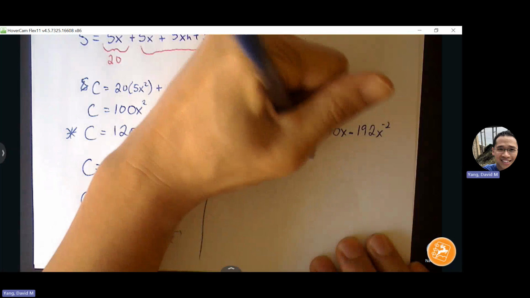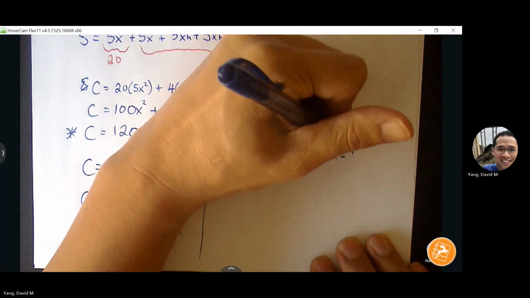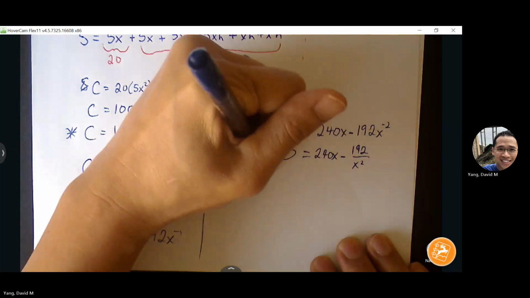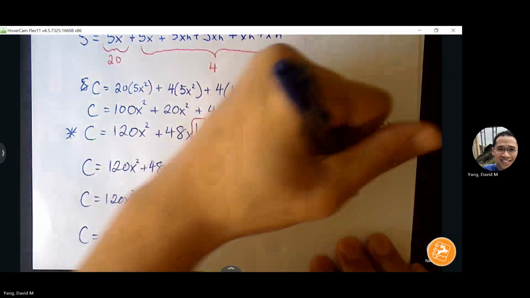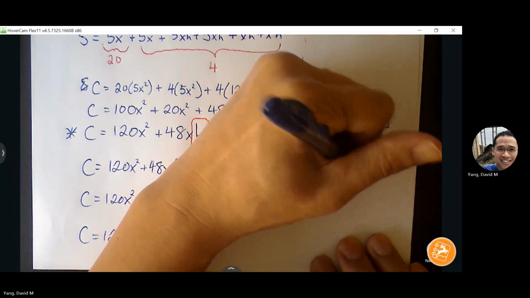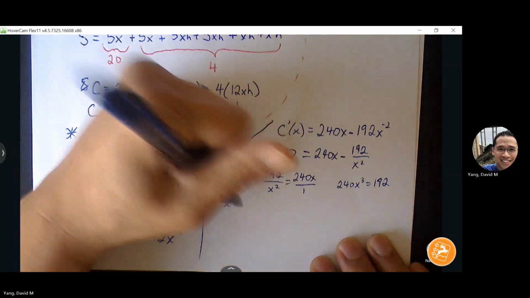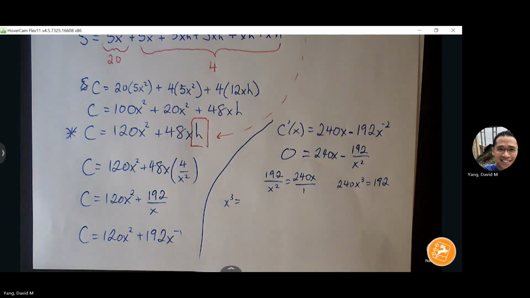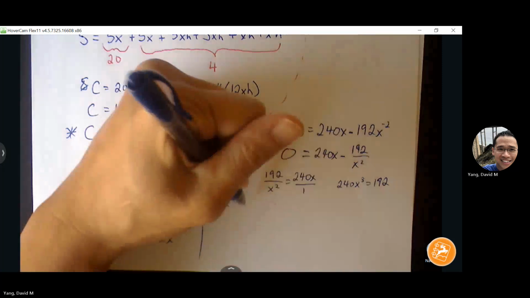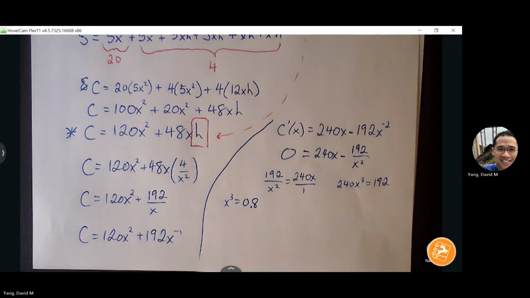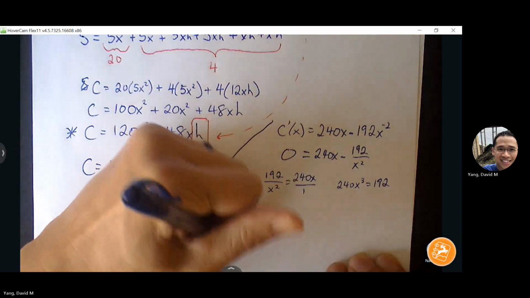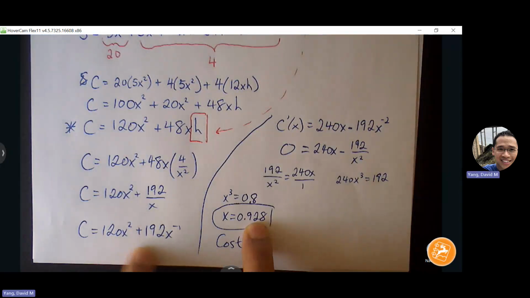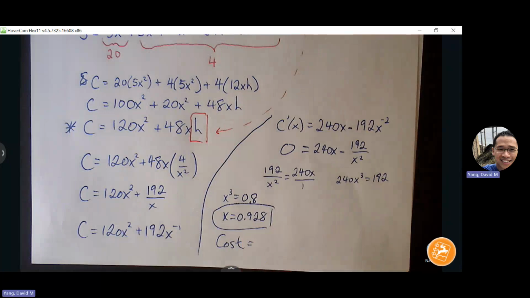C prime equal to 0, and now I just solve for x. Then I can take my x value and insert it into my cost equation because it's asking for a minimum cost.